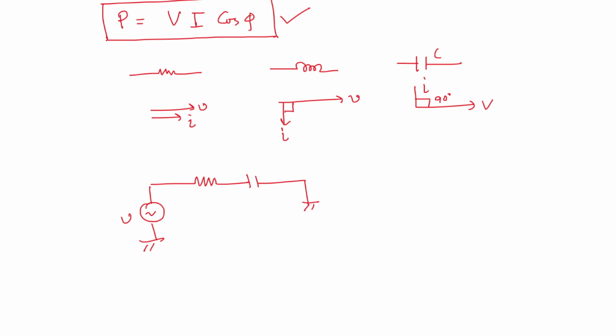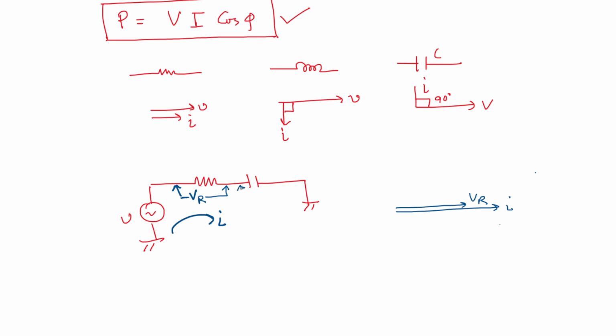Now if this is the current flowing, and this is the VR, so VR and I should be in this direction. I is this and VR is this. Simple, because they are in phase.